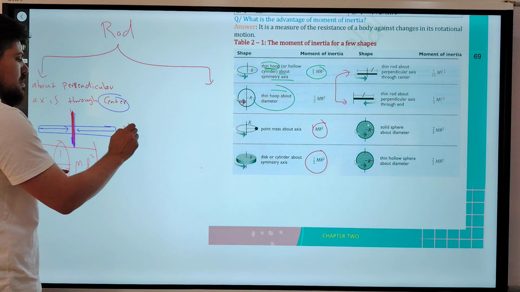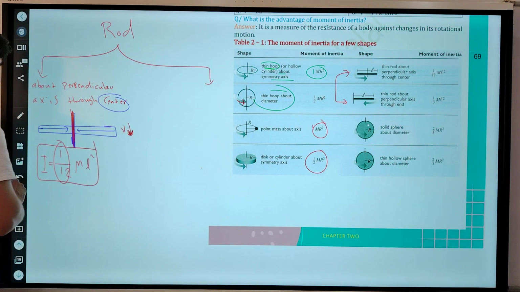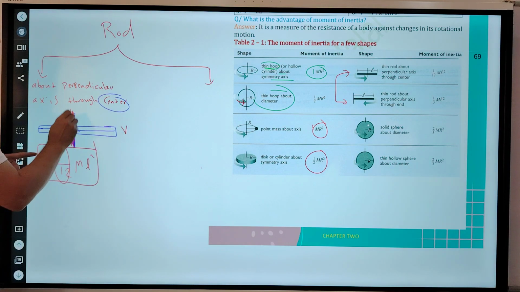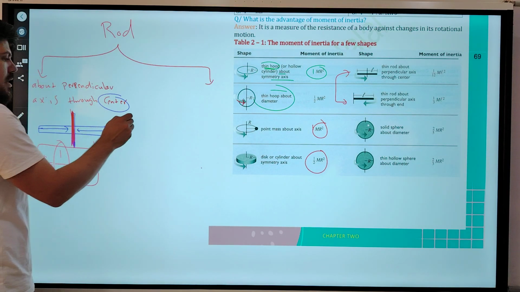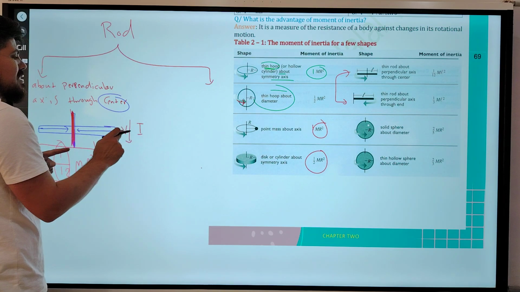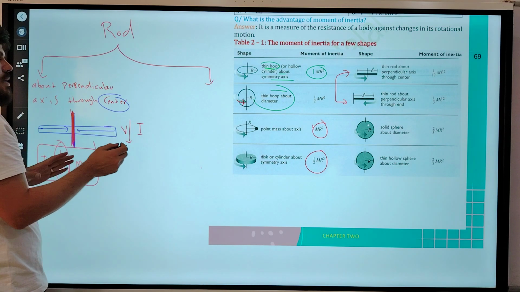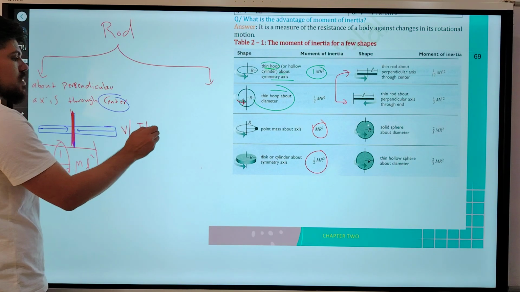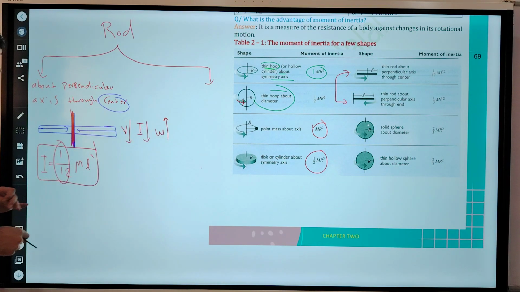So the angular speed, when the axis of rotation of the rod is located at the center, we have less distance from the axis of rotation. This radius and the moment of inertia are directly proportional. Less R has less moment of inertia, but more angular speed.